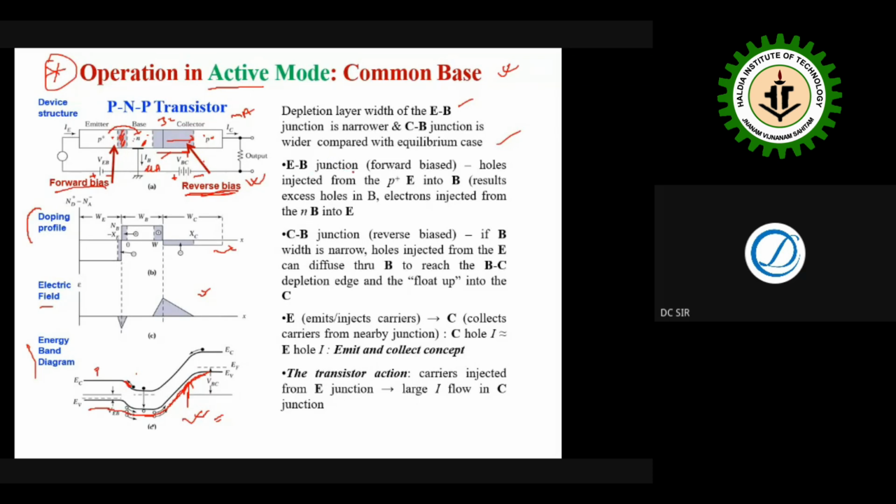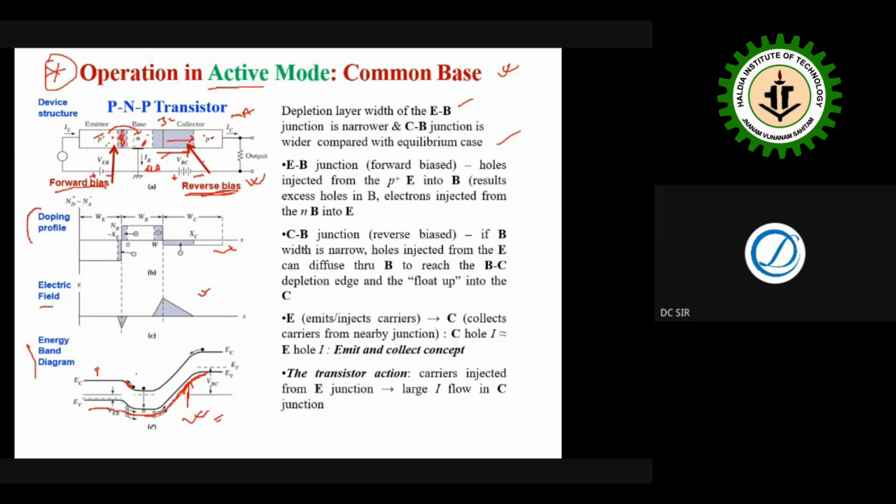So the emitter base junction is forward, holes are injected from the P plus emitter into B, resulting in excess holes in B, and electrons are injected from the N base into E. So if holes move from this side, that means electrons move from this side to this side.